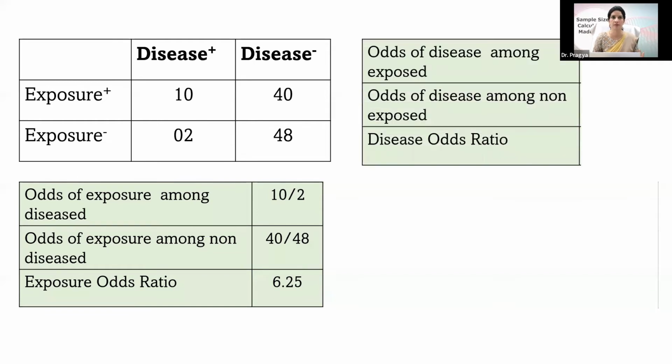Now answer this question. What is the odds of disease among exposed? Please, all of you type in the chat box. Tanya is writing. Yes, it is either 10 by 4 or 1 by 4. It is right. Now the second question: what is the odds of disease among non-exposed?